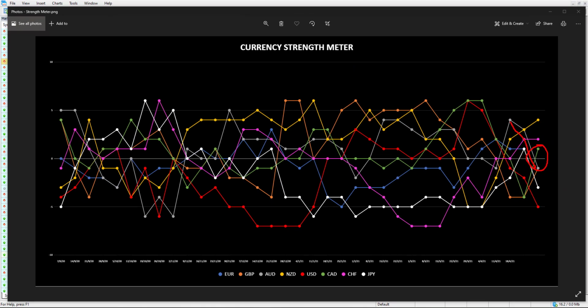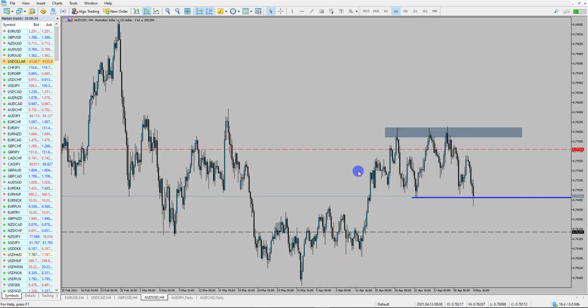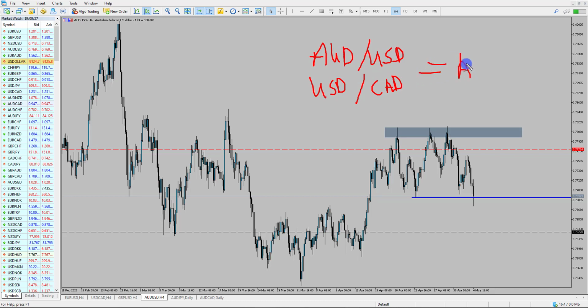So let's jump into a couple of charts. The first chart I'm going to look at is Aussie US dollar, because if we're going to trade Aussie CAD, then we are essentially trading the Australian dollar versus the US dollar, and the US dollar versus CAD. So let's just put Aussie CAD here.